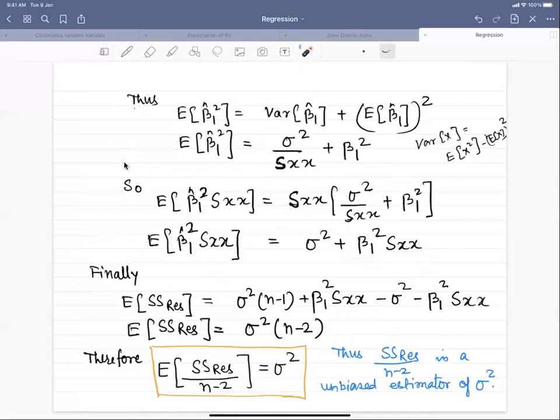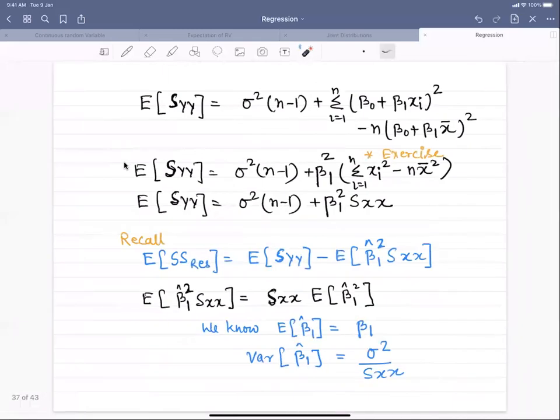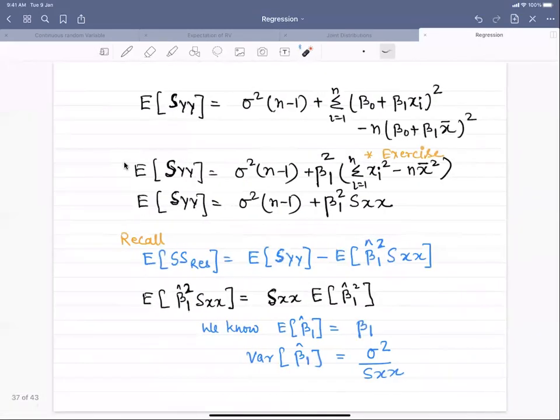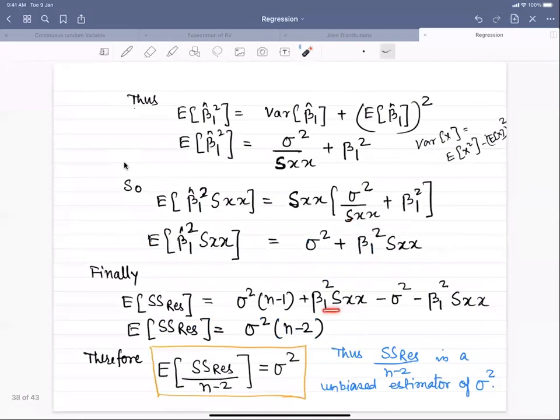So finally, now this value and the value we got for the expectation of Syy, if we plug them in here in the expectation of the sum of squares of residuals, what will we get? Sigma square n minus 1, this is here, plus beta 1 square Sxx, minus, for the second term, the expectation of this term, sigma square plus beta 1 square Sxx.